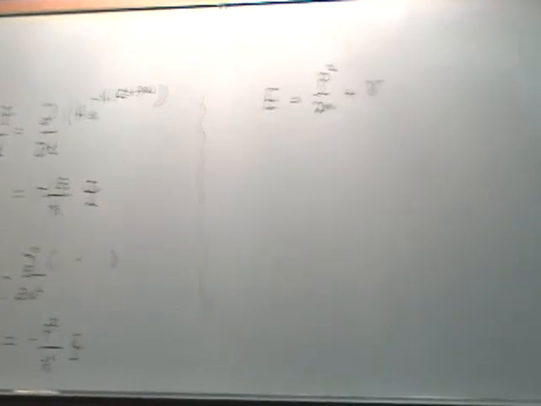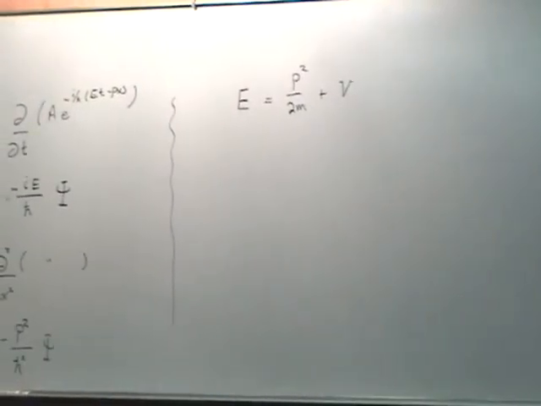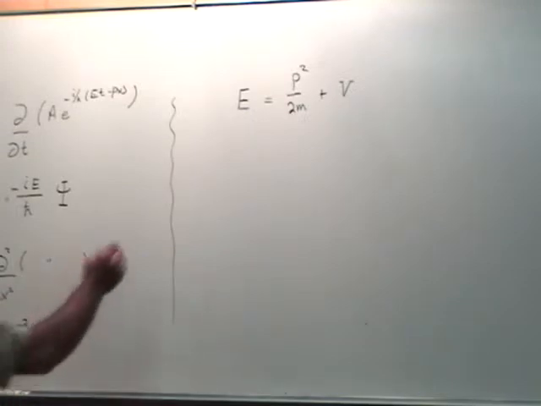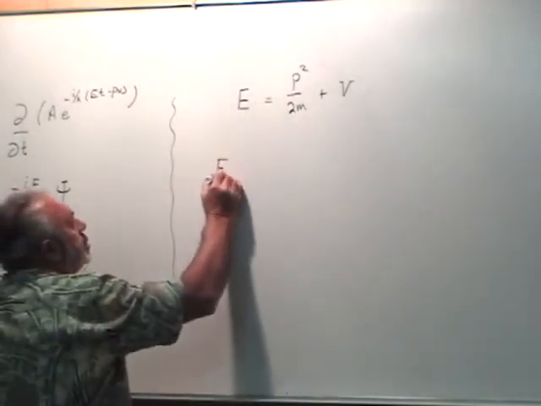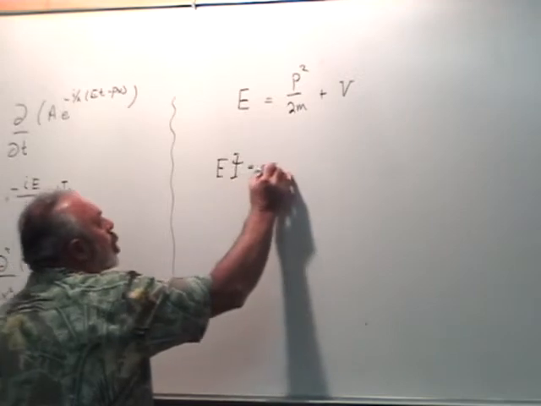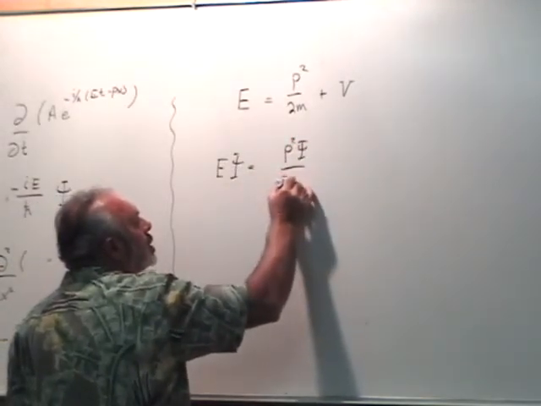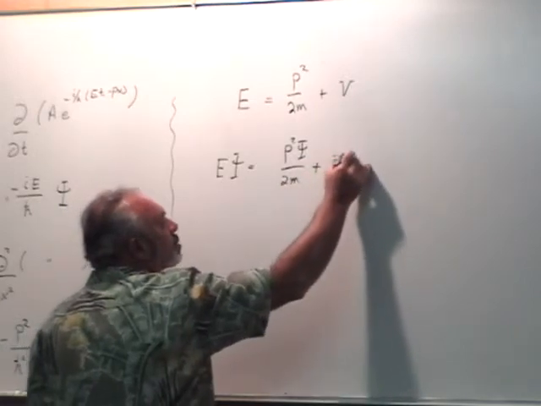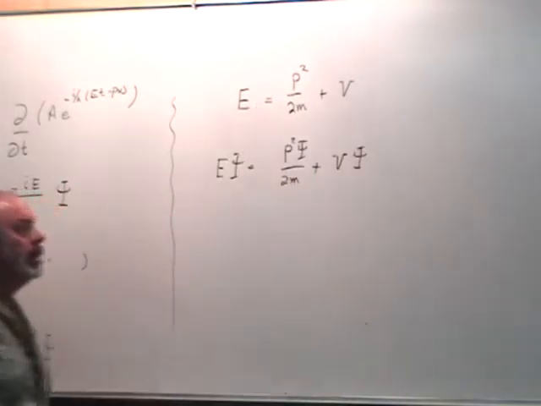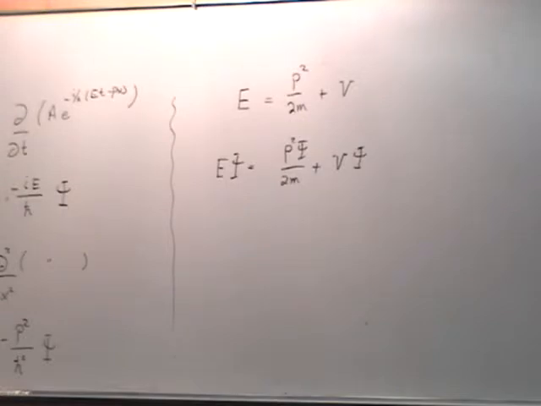And it will be useful to us if we multiply both sides of the equation by psi. So here we go. Eψ equals p squared ψ over twice m plus Vψ. And notice we have got an expression for Eψ and p squared ψ.